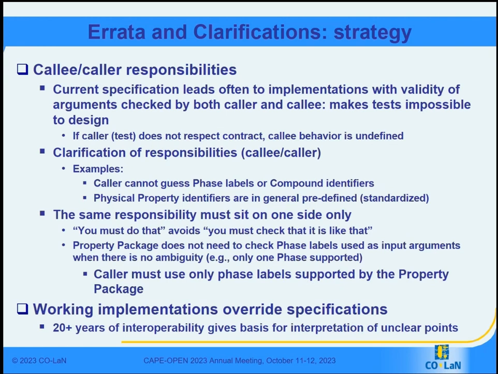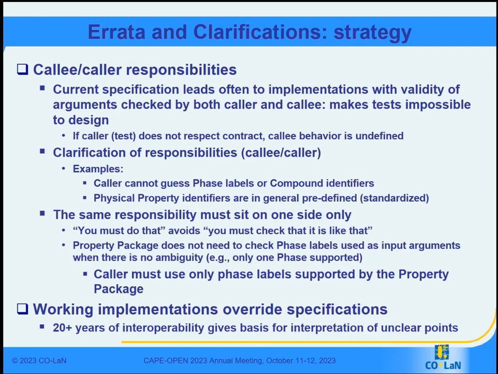First, we have realized that the responsibility between the caller and the called has not been clearly stated in the specification for the thermodynamics call if arguments are passed. Well, it is not a big issue for the practical usage.